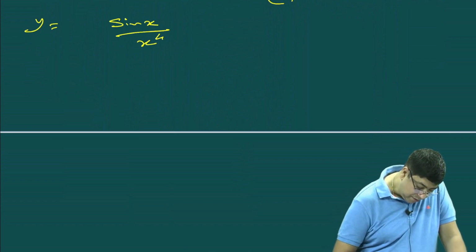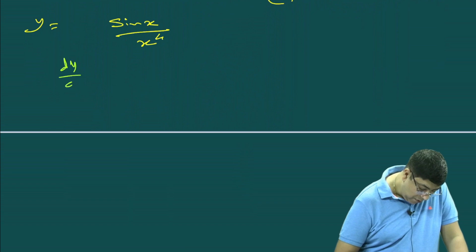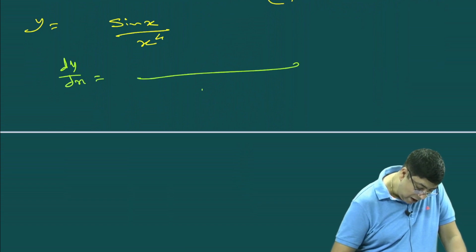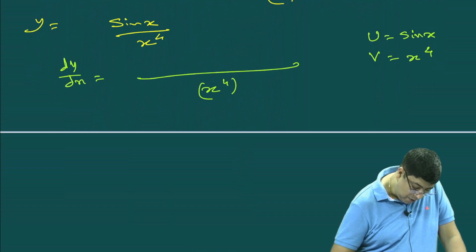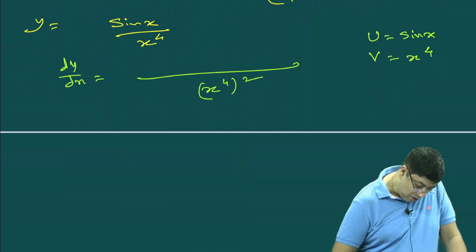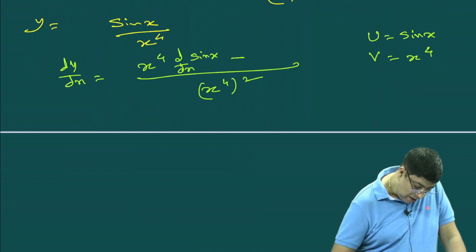So we can write here dy by dx equal to v square. So x to the power 4 is the v, and sin x is the u, the u by v formula. So v square, v constant, derivative of sin x, and minus sin x constant, differentiation of x to the power 4.